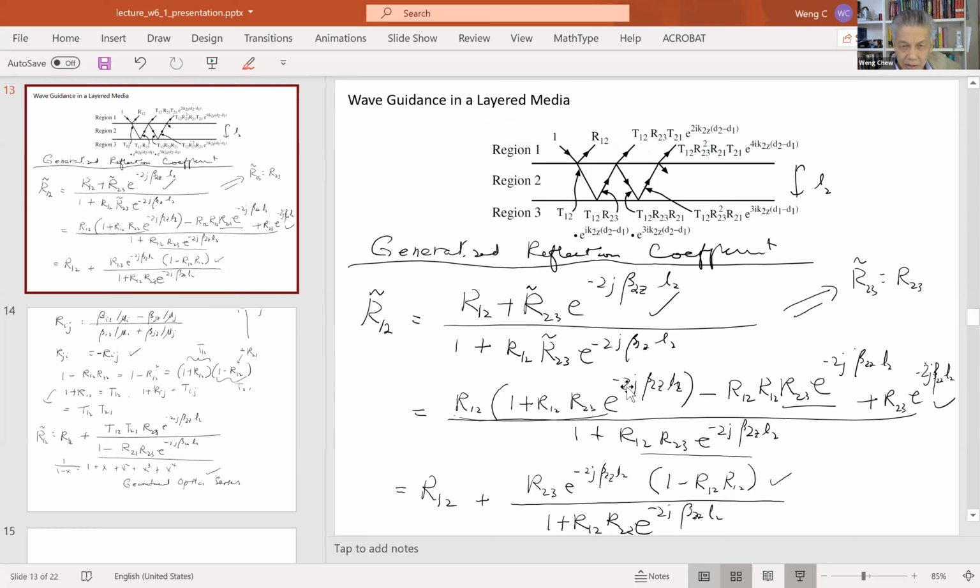That means that there is a guided mode in the structure. The surface plasmon mode was guided for that reason. It's the same as saying that you don't need a driving term in your equation and you will still have a solution. That is called a homogeneous solution in an ODE or PDE.